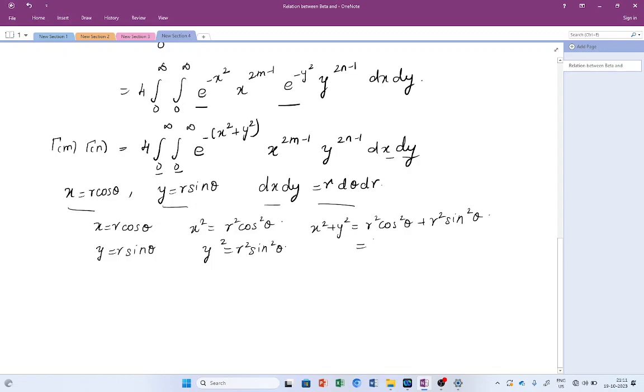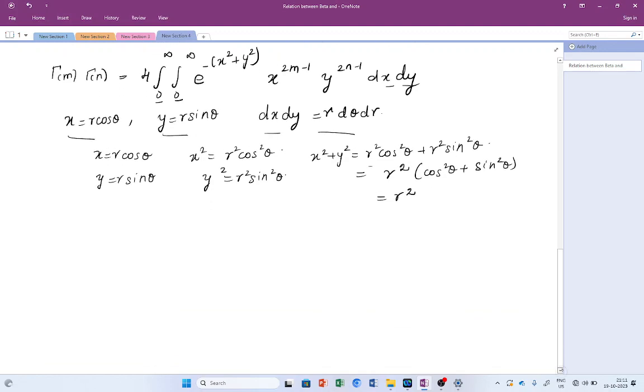Both the terms have r square common, so I'm taking that outside. It will be cos square theta plus sin square theta, which is nothing but r square. Okay, so x square plus y square is equal to r square. So now when I'm substituting here, I know what is x square plus y square, I know what is my x, I know what is my y.